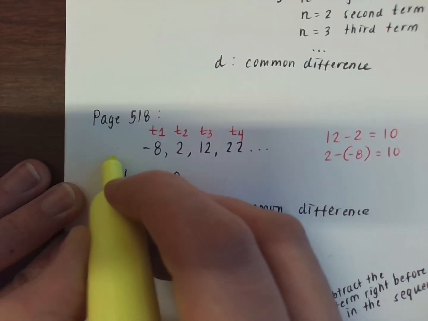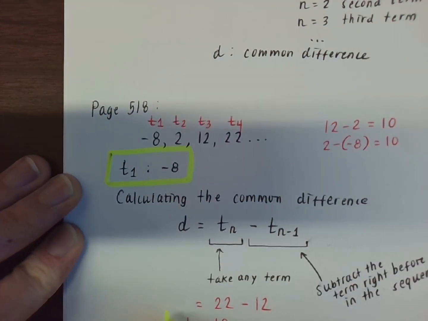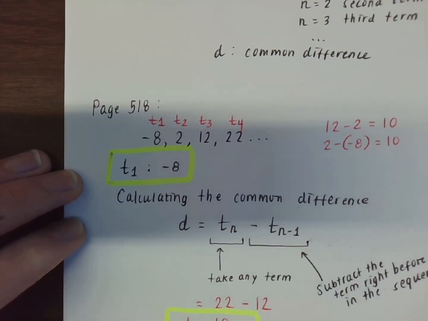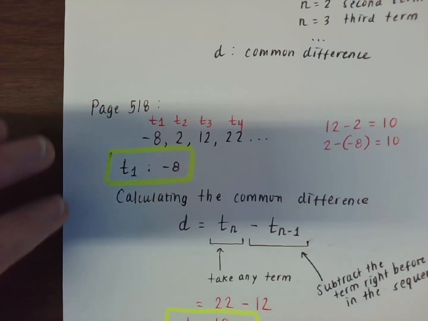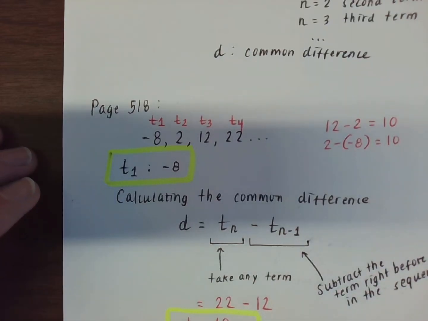So we have 2 pieces of information. And yeah, we could pretty much calculate any term now.